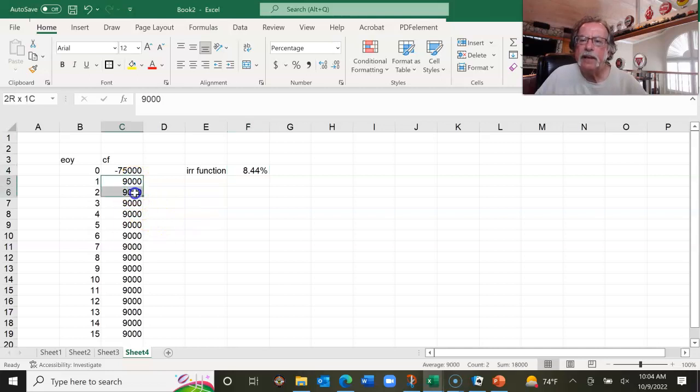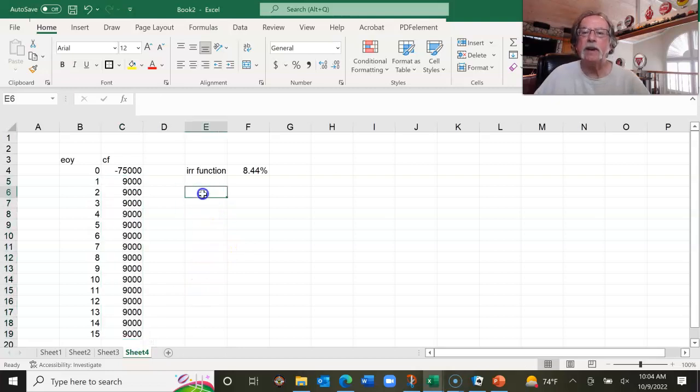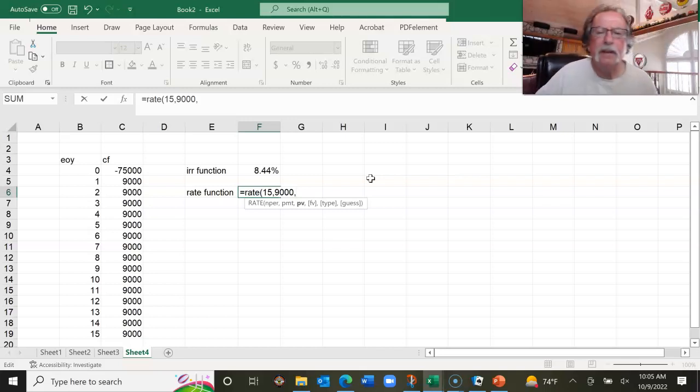Okay, if your savings amounts are all the same, and they are in this case, note that they were not in the previous case, they were different, but if they are all the same, you can use the rate function. And the rate function is you put in the number of periods, 15, the payment, which is 9,000, and the present amount. And this is where you need to be very careful.